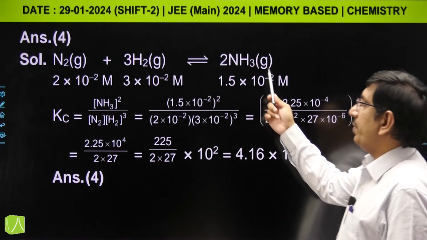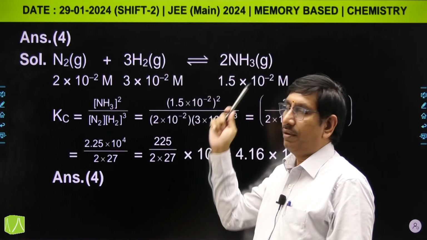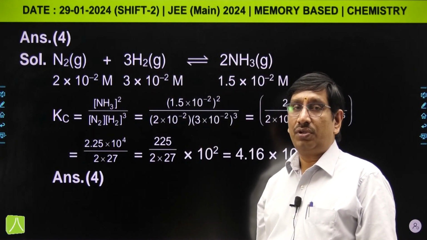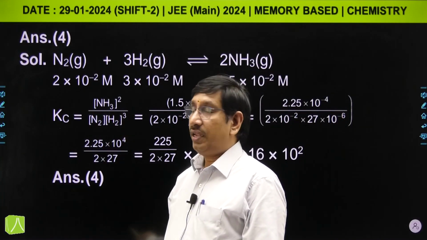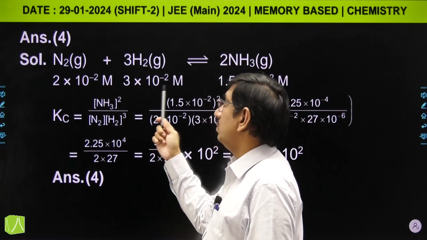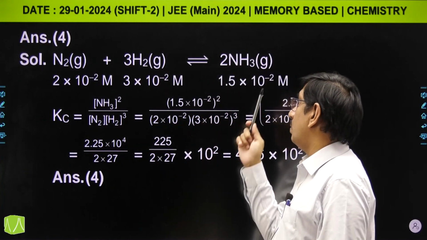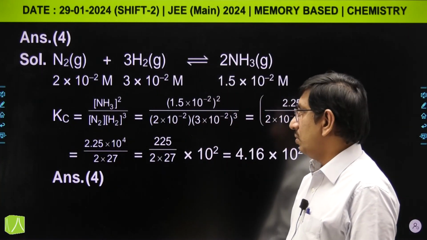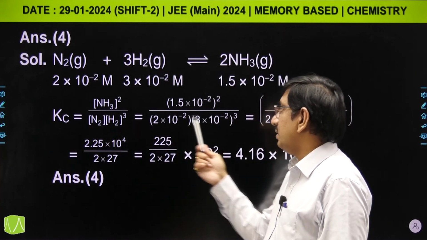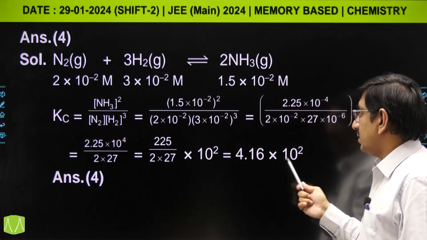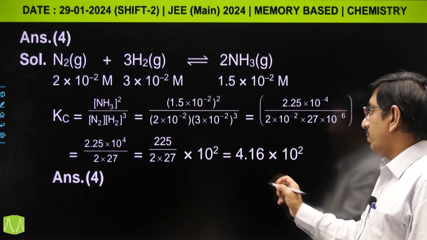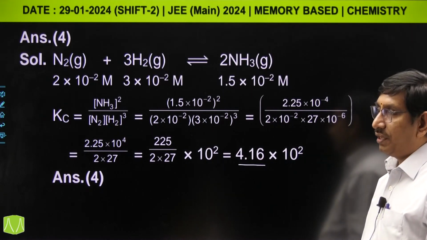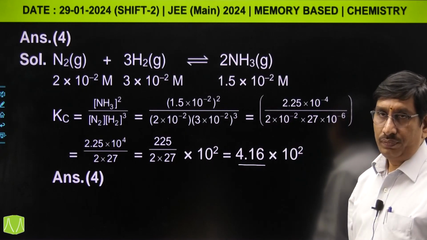Formation of ammonia can be written like this, N2 plus 3H2 gives 2NH3. Equilibrium concentrations are already given. If you calculate Kc value, you will get 4.16 into 10 power 2, and you have to report nearest integer, that can be equal to 4.